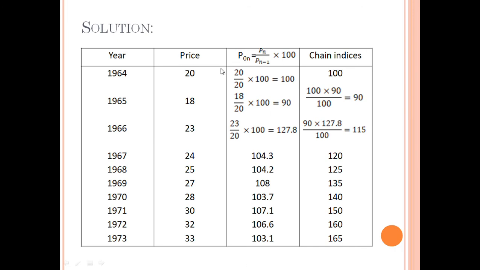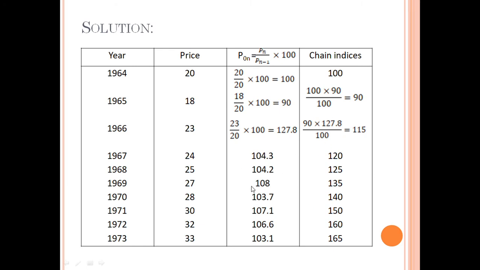Then this will be converted into chain indices. The first number will be written as it is, and for the second number we will multiply 100 by 90 and then divide by 100, and it will become 90. Then again we will take 90 and 127.8 and divide by 100, so we will get chain indices by this method.